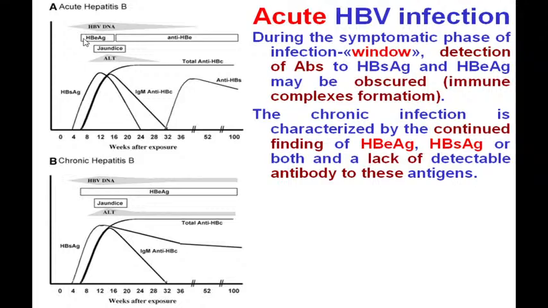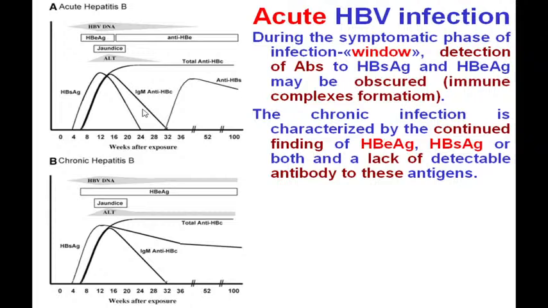Then HBe antigen will appear in the blood before and within the icteric stage when we have jaundice. And then we rather see anti-HBe antibodies than HBe antigen itself, so it will disappear from the blood soon.